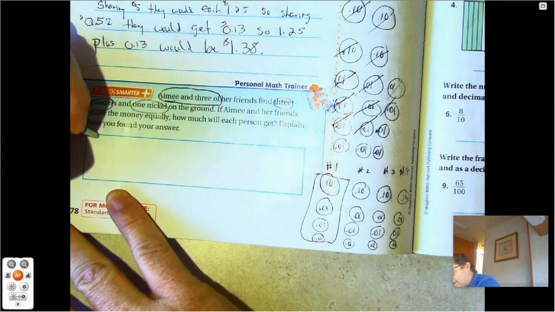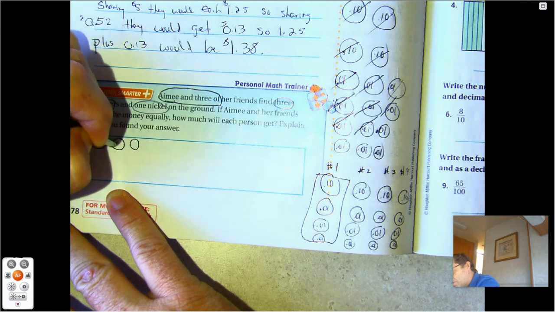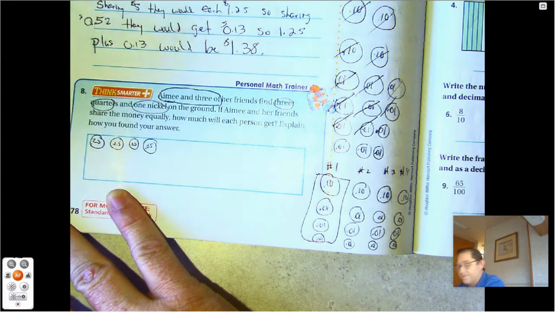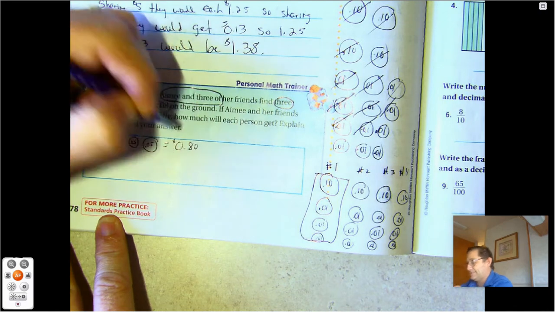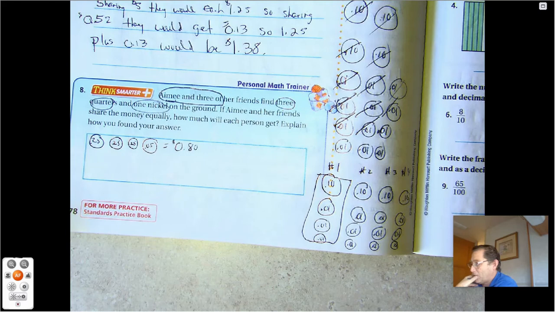All right, so 3 quarters is 75 cents, and a nickel will be another 5 cents. So they have a total of 80 cents.